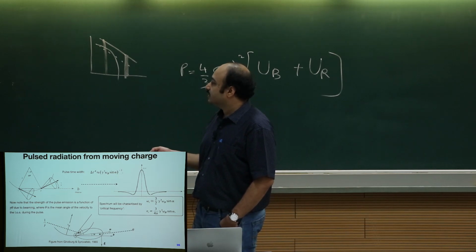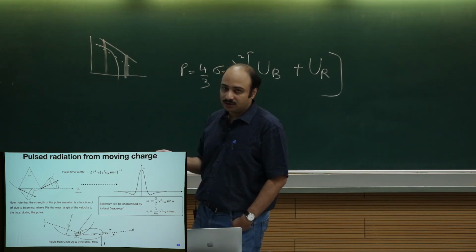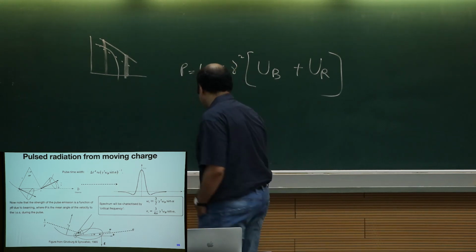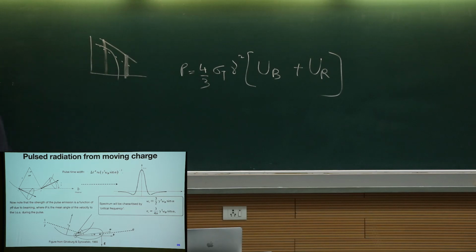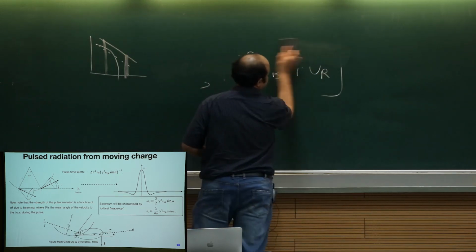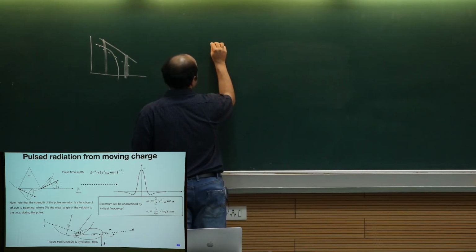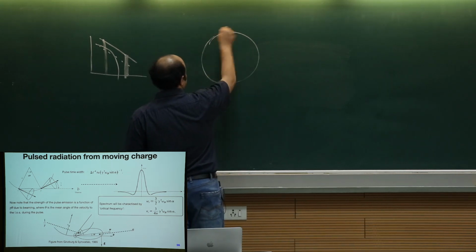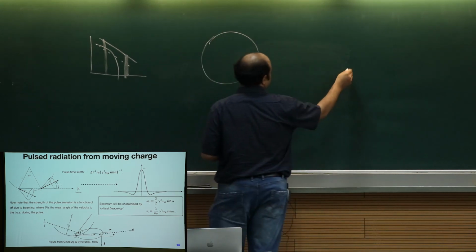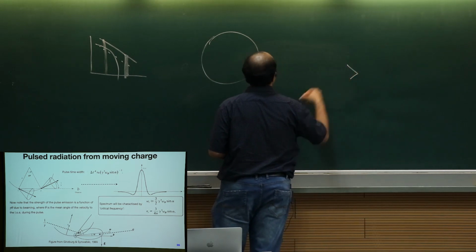Since the charge, as I said, is beamed along a cone of 1 over gamma, suppose the charge is here, this is the direction of the gyration, and this is the observer.